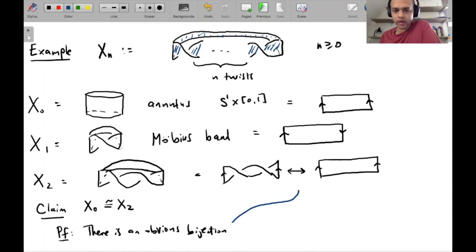Maybe let me just leave that to you to think about as an exercise. And it's maybe worth thinking about why there's not an obvious bijection between these two. Of course, the gluing in these two is different. So there's no obvious bijection here.